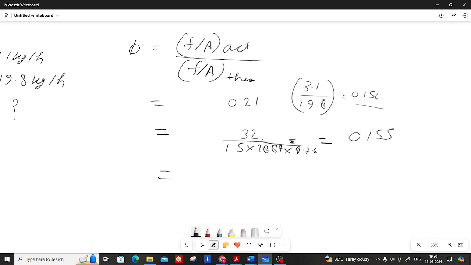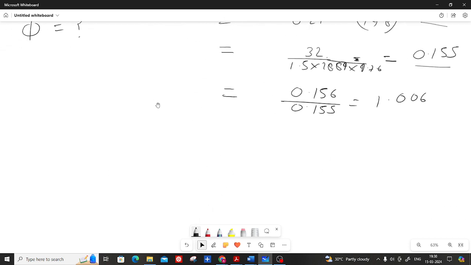Yes, this is fuel air theoretical. So it will be a little bit more than 1. 0.156 upon 0.155, so it will be 1.006. So now you get the answer, right?